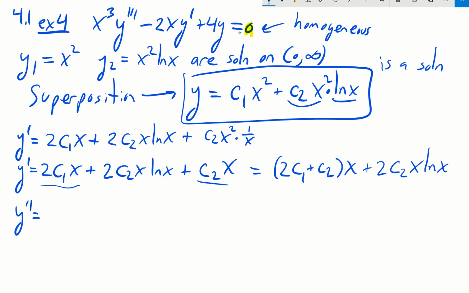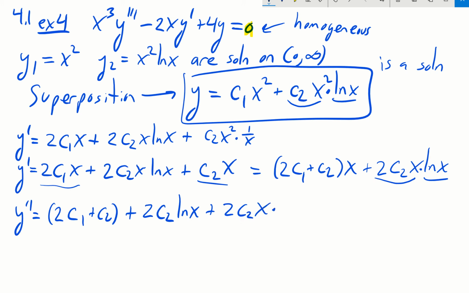Let's now take the second derivative by differentiating this. The derivative of a constant times x is just that constant. So we get 2c1 plus c2, plus, once again, a product rule. Thinking of 2c2 x as the first piece, times the ln of x, the derivative of 2c2 x is 2c2, leave the ln of x alone, plus we leave the 2c2 x alone and multiply it by the derivative of the ln of x, which is 1 over x.